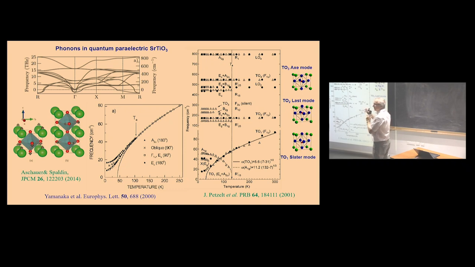Because if you have multiplication of the unit cell, you have folding of the Brillouin zone, and the R point phonons come to the gamma point, and then you can activate them in Raman spectra. I think Mael will speak more about selection rules, so I will not go into many details. Still, strontium titanate is not ferroelectric below 100 Kelvin. Therefore, the Raman modes are not infrared active, and infrared active modes are not Raman active as well.